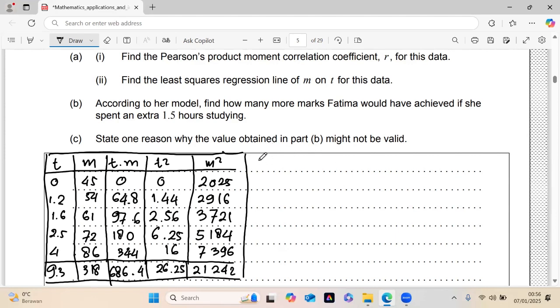Right. Now we are going to find R, the correlation coefficient.